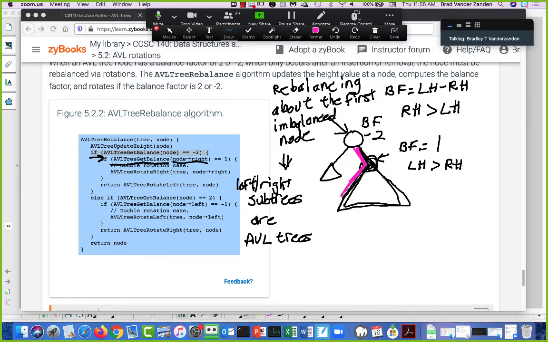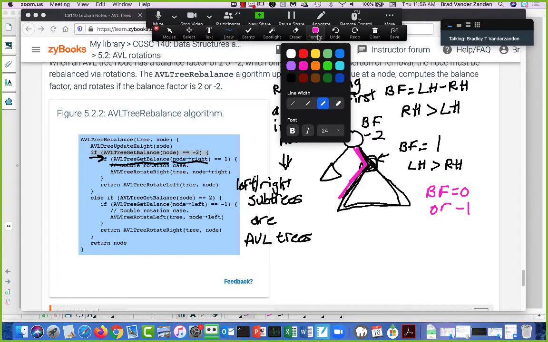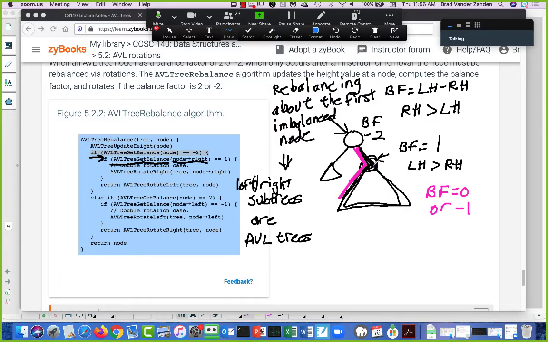If the balance factor is 1, we have a zigzag case. If the balance factor is either 0 or -1, then we have a zigzag case.